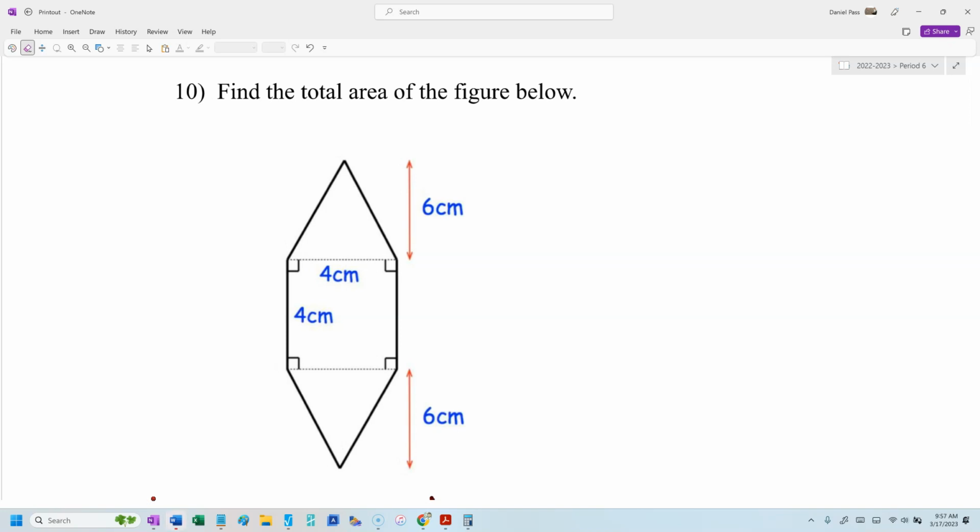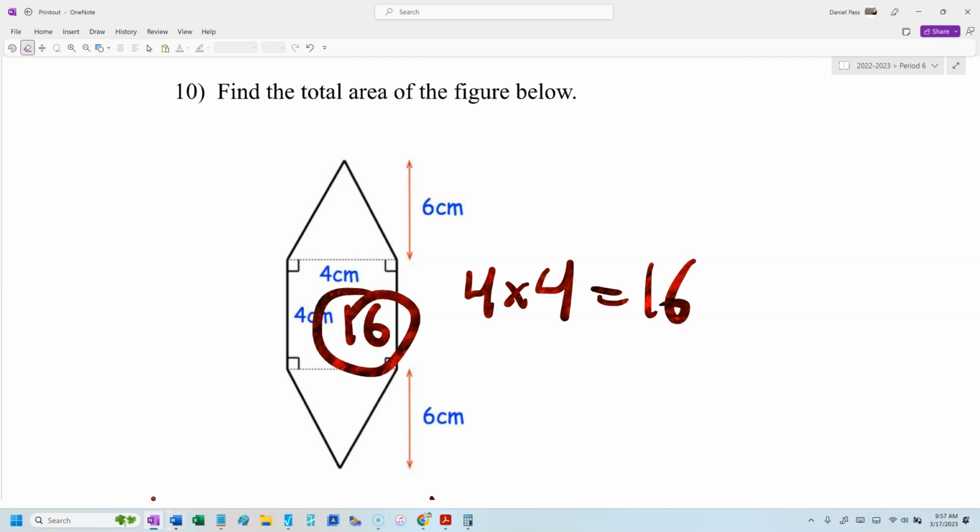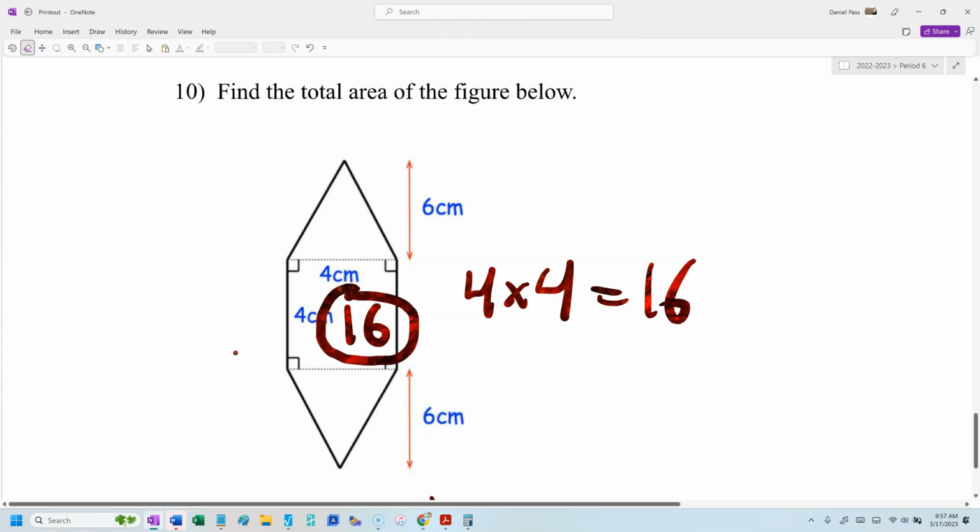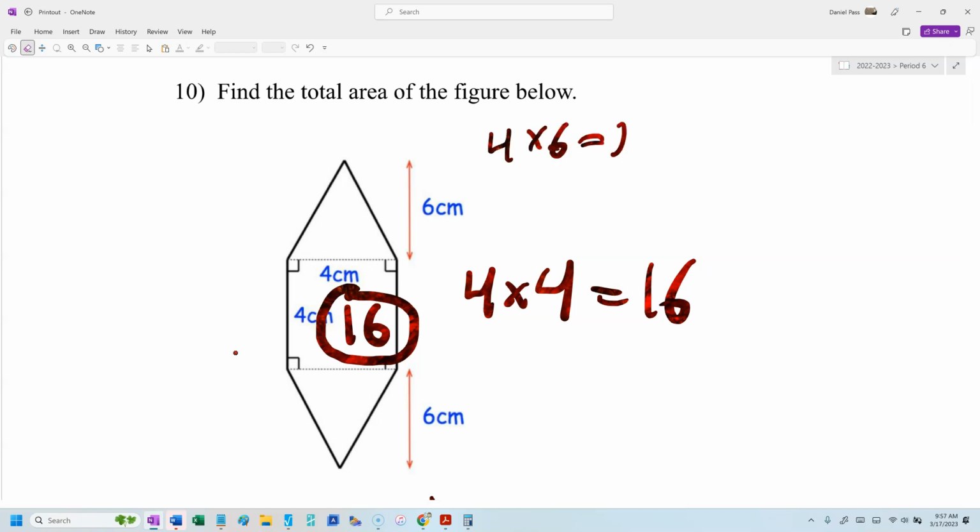All right. So 4 times 4 first for the middle, and that makes 16. So we got 16 for the middle. Okay, what did you do next? 4 times 6 for the triangles. Okay, so either one. Let's do the top one. So 4 times 6 makes 24. Then what? And then divided by 2 because it's pointy. Right, it's a triangle, so divide by 2. So that makes 12. Okay, good. So this guy's 12. What next?